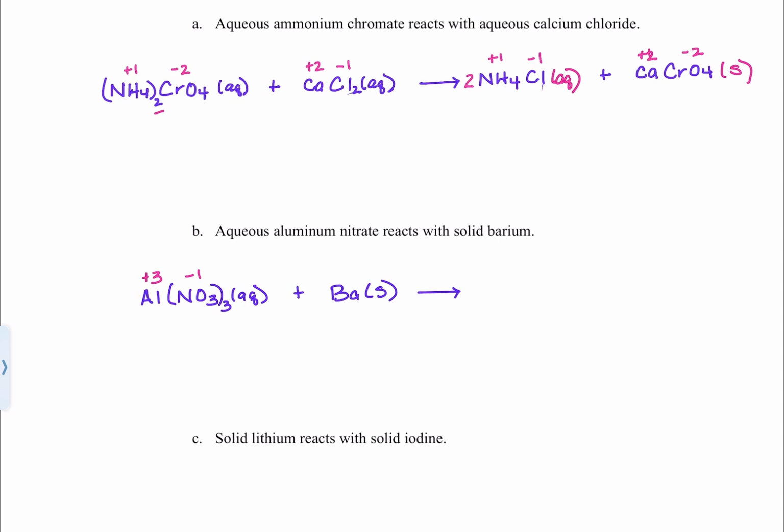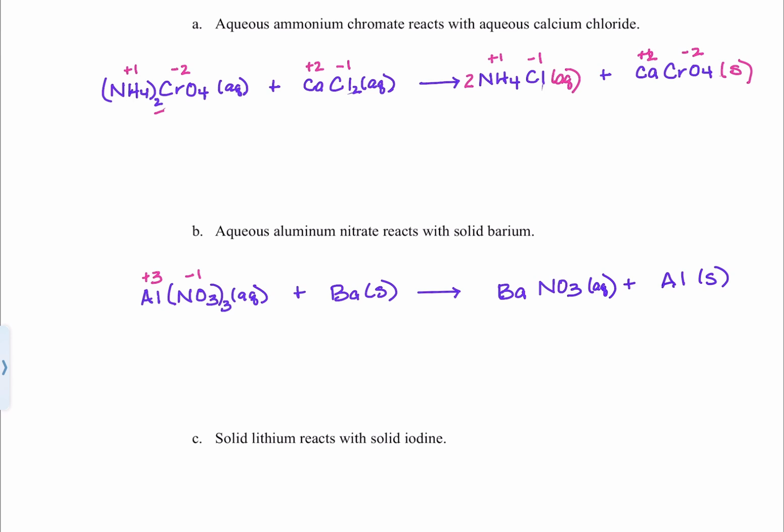Okay, so this reaction is going to occur, which means that we are going to have barium that's bound to nitrate, and we're going to end up with aluminum by itself as a solid, and then this is going to be aqueous. Okay, so we know what products we have.